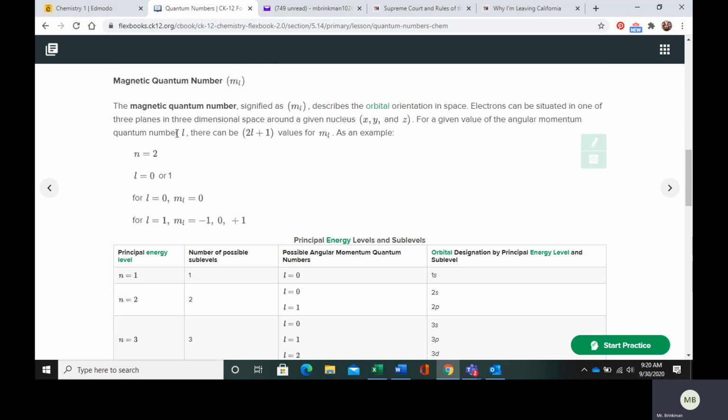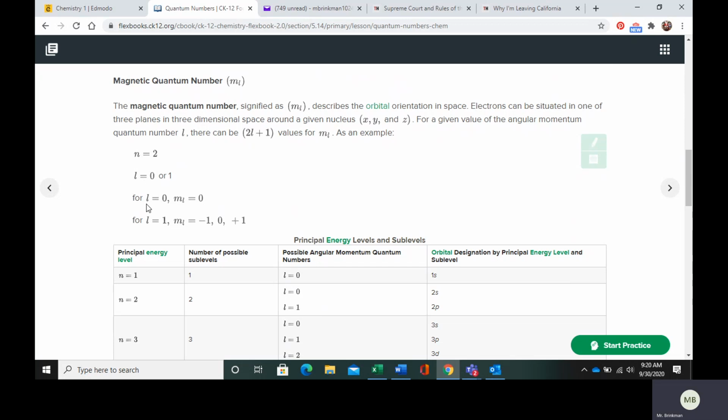For a given value of the angular momentum quantum number L, there can be 2L plus 1 values for m. Okay, so if n equals 2, we already looked at how L can be 0 or 1.